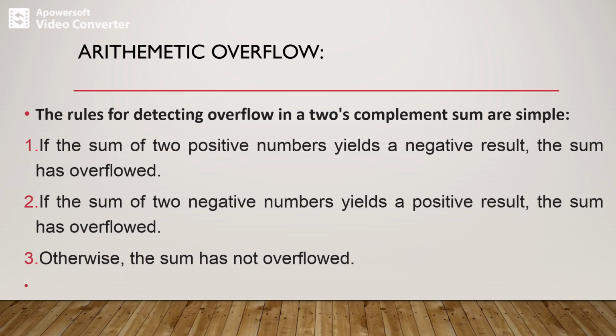Arithmetic overflow. The rules for detecting overflow in a 2's complement sum are simple. First, if the sum of two positive numbers yields a negative result, the sum has overflowed. The second rule is if the sum of two negative numbers yields a positive result, the sum has overflowed.